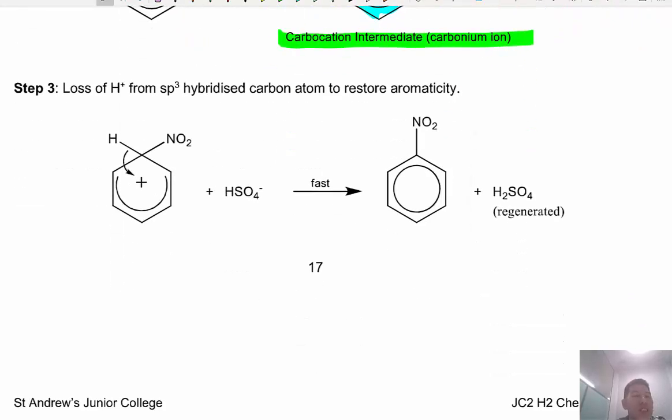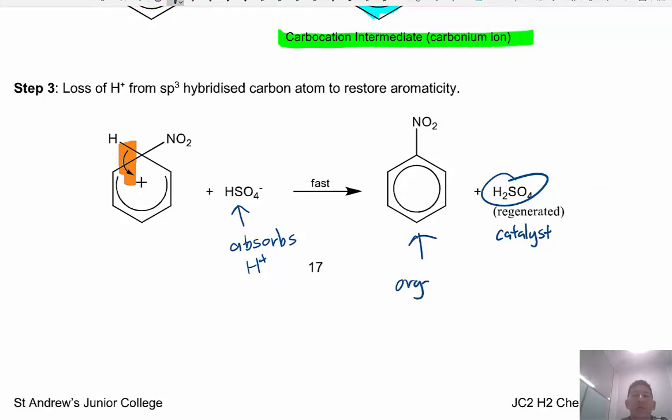Third step, again, the CH bond breaks. Where does the H go? The H plus is absorbed by the HSO4 minus, and the catalyst is regenerated, along with the organic product.